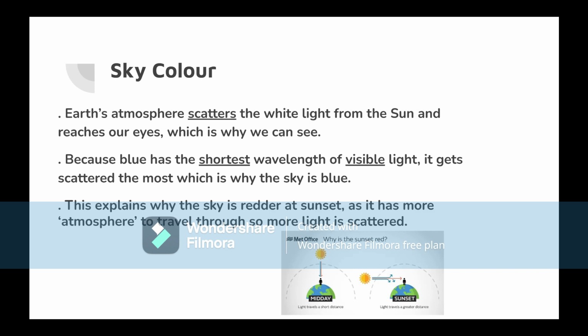Because there's much more atmosphere for it to go through, a lot more of the blue light is scattered, and a lot more of the red and yellow light of longer wavelengths can enter our eyes, which makes it look red and yellow and orange and all those beautiful colors.